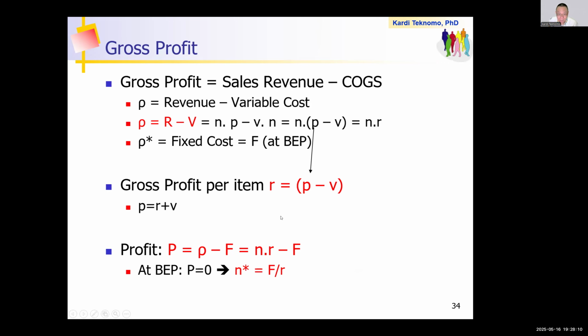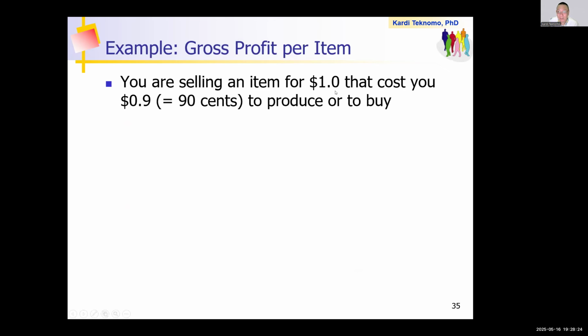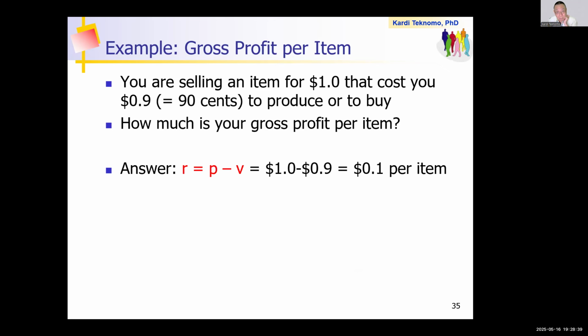At PEP, N is equal to F divided by the gross profit per item. Say you are selling an item for $1, and the cost to produce or buy is 90 cents. So how much is your gross profit per item? You just plug into the formula, that means 0.1.